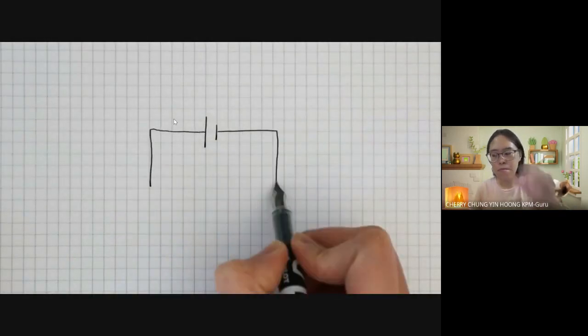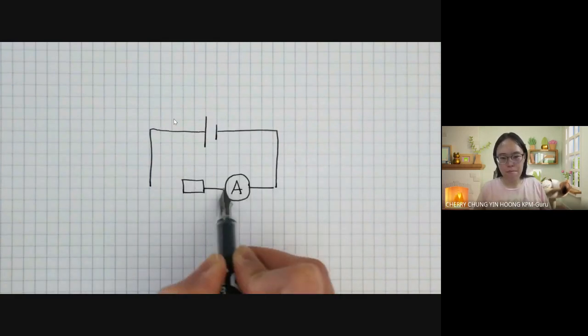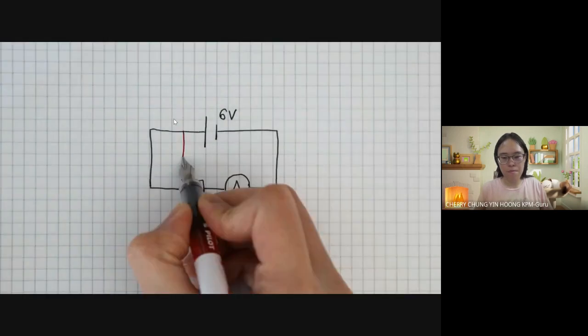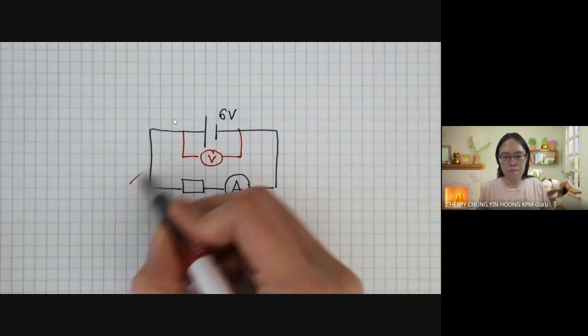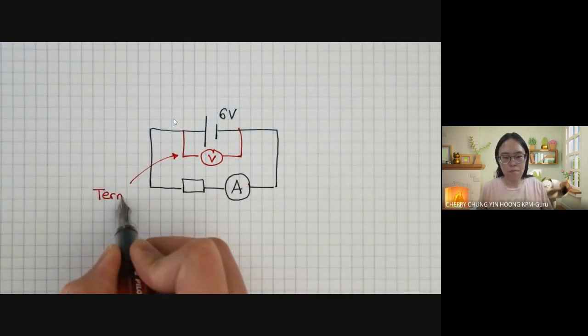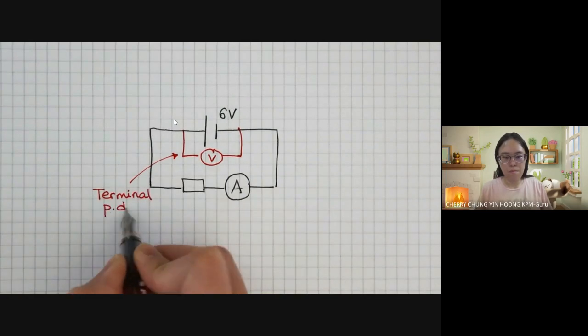Connected in series with an ammeter and a resistor. If I add a voltmeter across the terminals of the cell, I can measure the voltage that the cell supplies to the circuit. We can call this the terminal potential difference, or terminal PD.